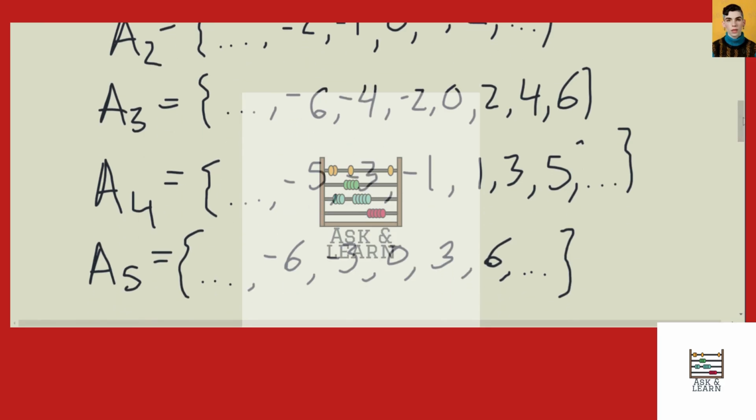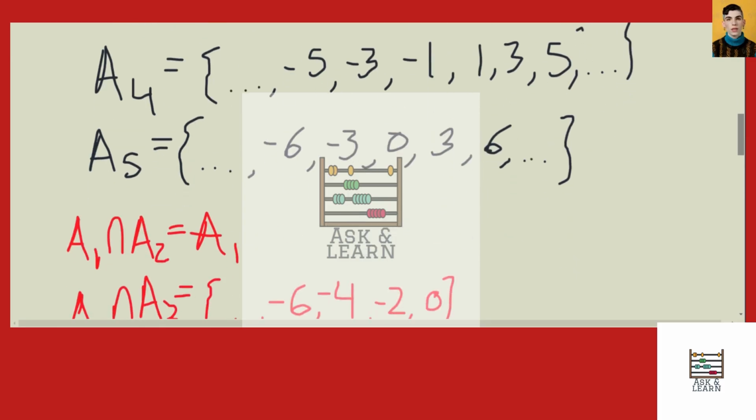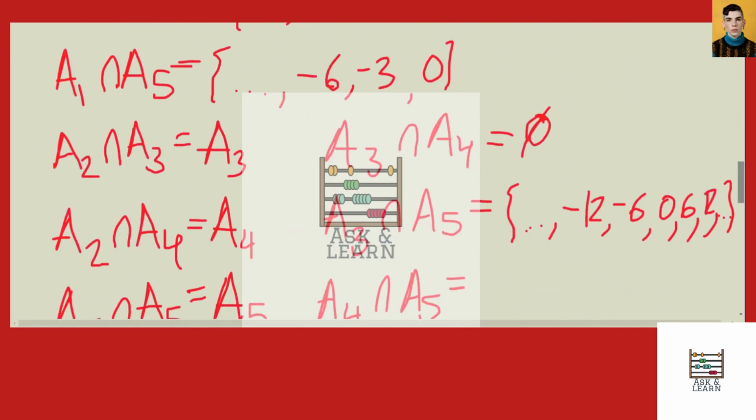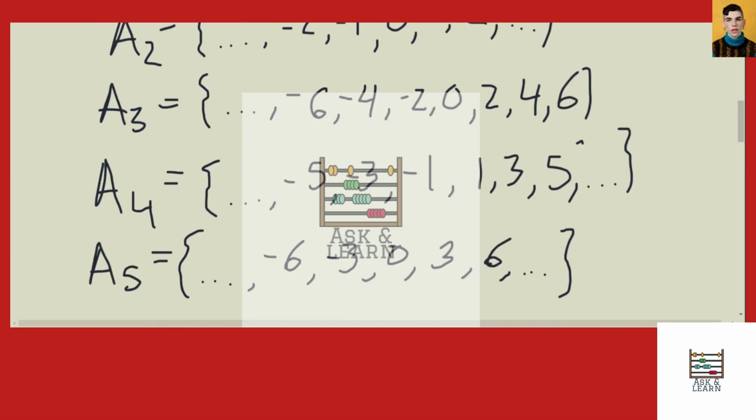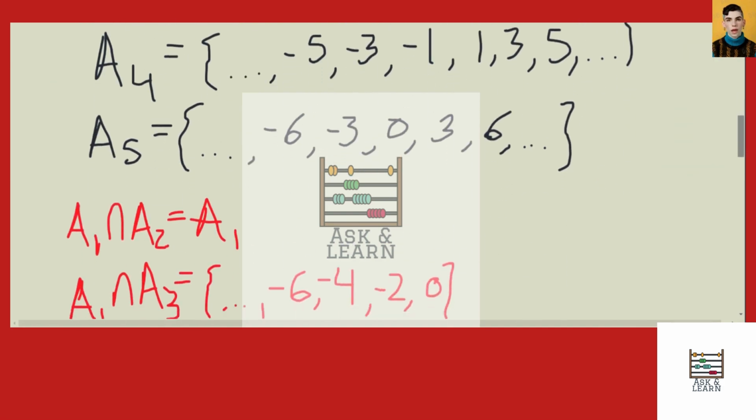This is the odd integers intersected with the integers mod 3. This is going to be, let's see, we have -3, 3. This is going to be the integers plus 3 mod 6.